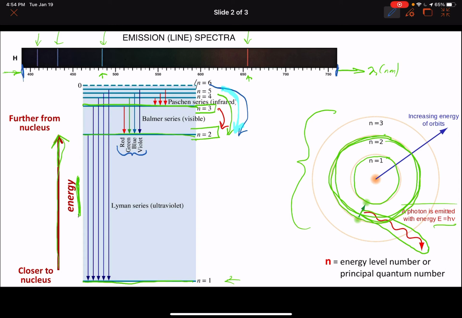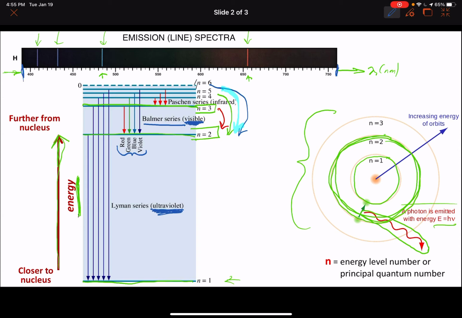Other photons can be emitted that we can't see with our eye. That is the Balmer series, which is characterizing photons that can be seen with the naked eye, visible light type photons. But those that are much higher in energy correspond to the ultraviolet range, where our eye cannot see and would actually undergo damage if we did inspect these types.